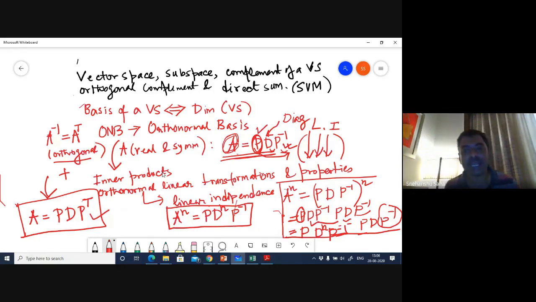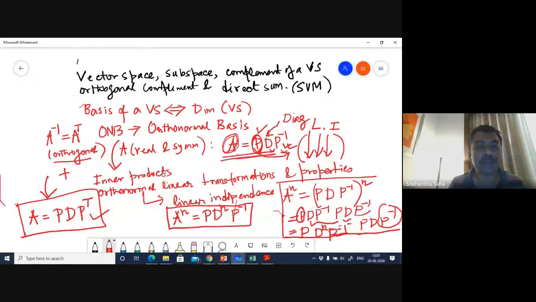From there I will come back to what I promised in the first class: that if a set of vectors is orthogonal to each other, then they are also linearly independent, which is a property of the set of eigenvectors which we wanted to establish to begin with.